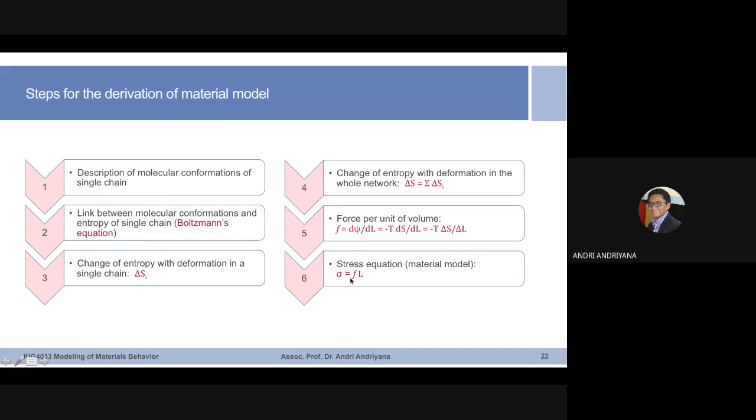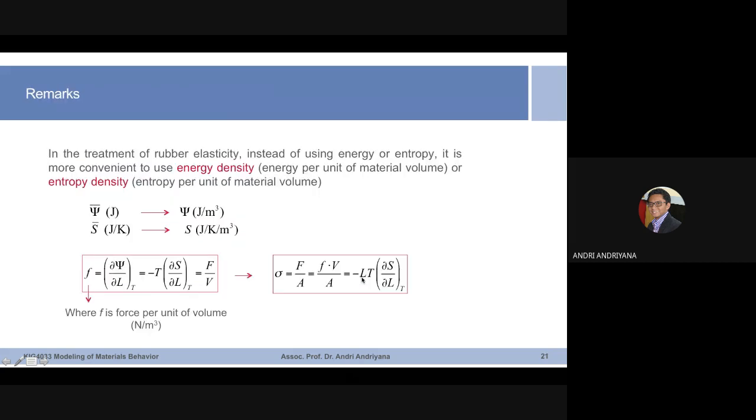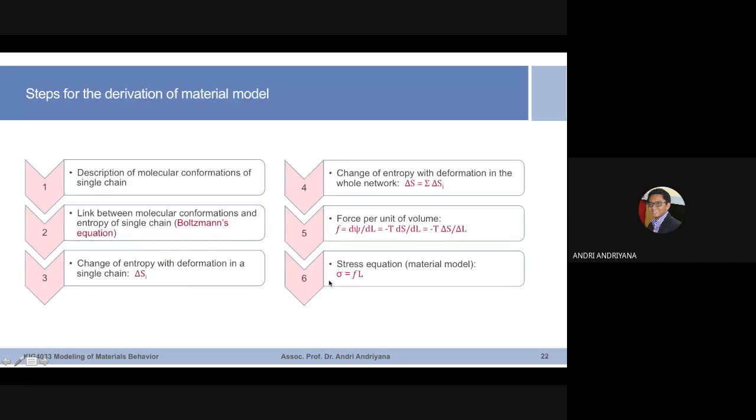Our main goal is to have the equation for stress-strain behavior, so the stress equation or materials model. More precisely, I want to calculate sigma equal to small f times L, based on the previous slide, because F times V over A is L. That is my objective actually.